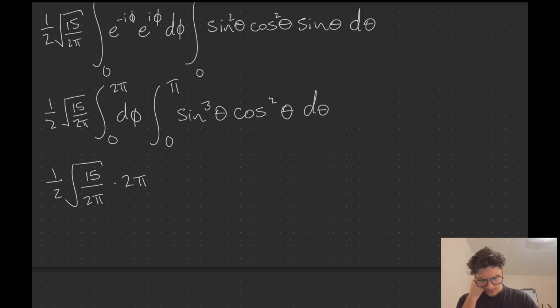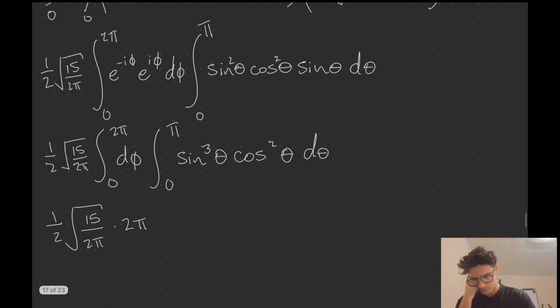If we do u sub again, I don't know if it'll work. Okay, let's imagine we do u is equal to sine theta cubed, and then du is equal to 3 sine squared.